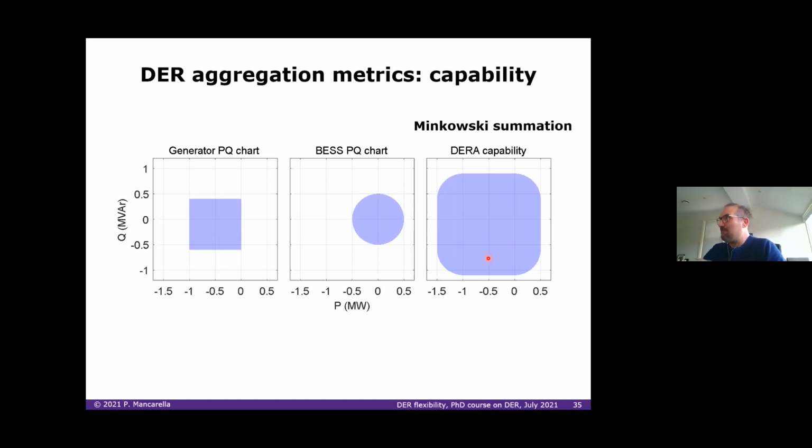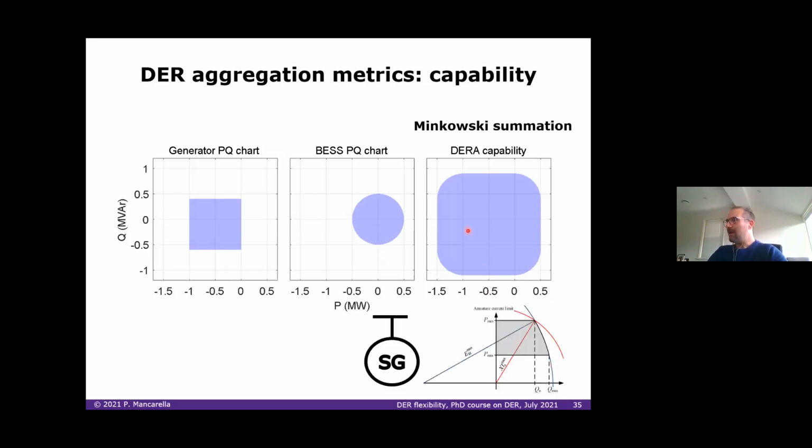That's where there is, again, immense potential in having the aggregation in terms of providing flexibility. And of course, when you look at this, there is no reason why the disaggregate should not be treated as a PQ chart of a synchronous machine.